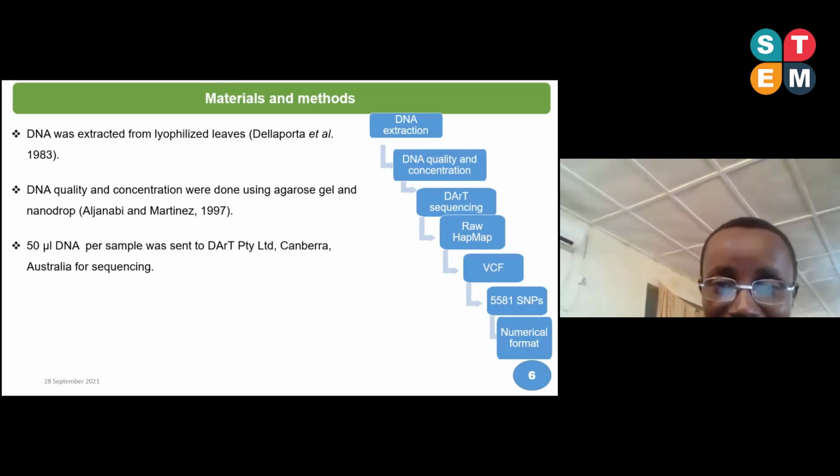So we can also see that leaf samples were collected from which DNAs were extracted using a standardized protocol, and then the concentration and quality of them were obtained using gel agarose and nanodrop. And we can see stepwise here how the things were done. And then we had to ship those samples to Canberra, Australia for the sequencing.